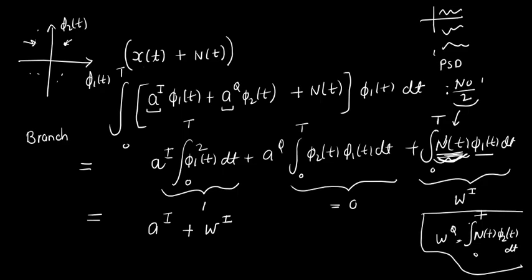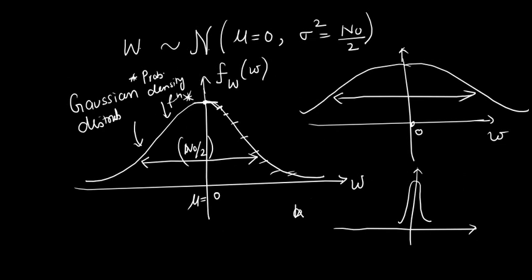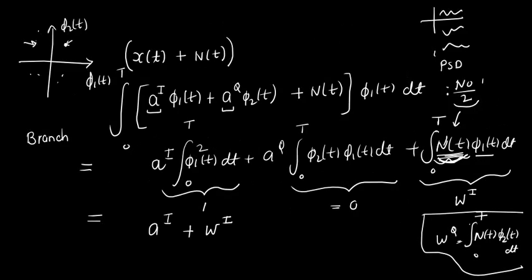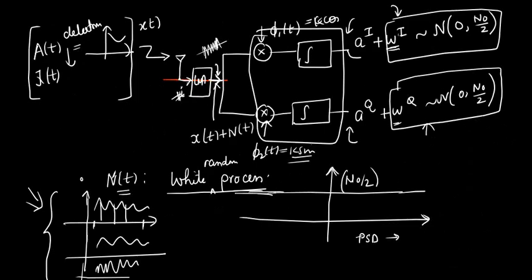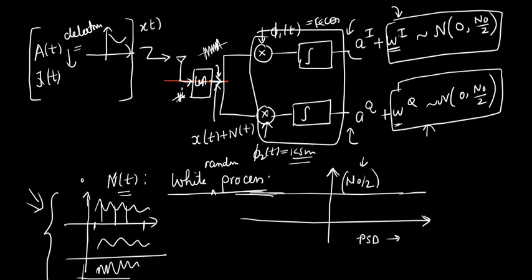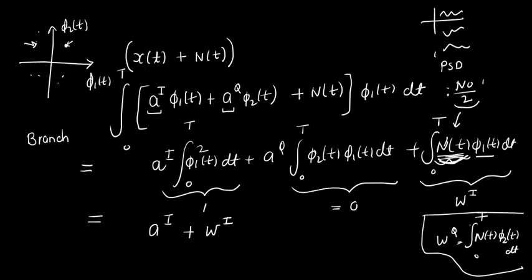What I said here is that this part is random, but it is centered around 0, and its spread depends upon N naught by 2. This is called the PDF of a normal or Gaussian distribution with mean mu and variance sigma square evaluated at some point W.